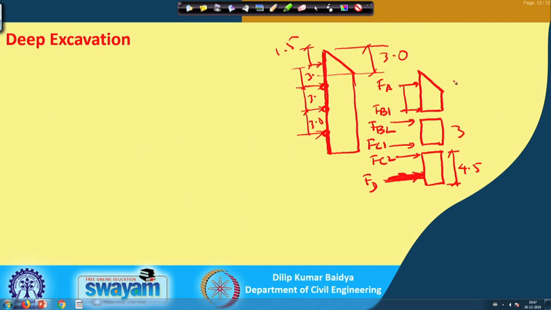Now I have to find out the intensity, this intensity will be gamma h minus 4 c, and c I have already got as q u by 2, that will be 96 by 2, which is 48. Okay.